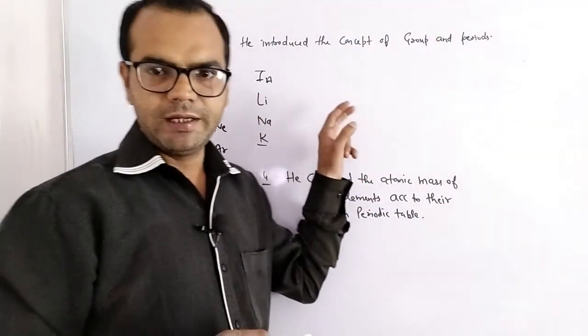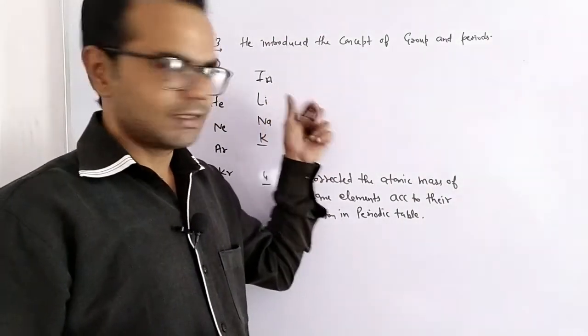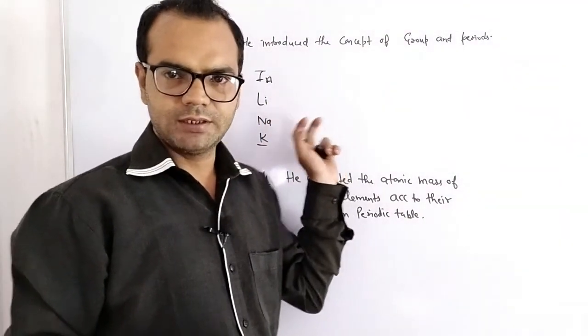But somehow Mendeleev's periodic table has some defects. So what are the limitations of a Mendeleev periodic table?